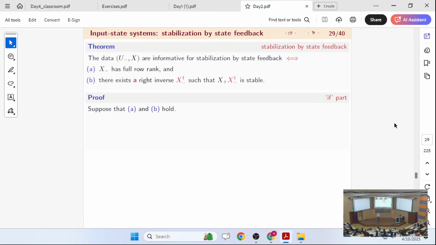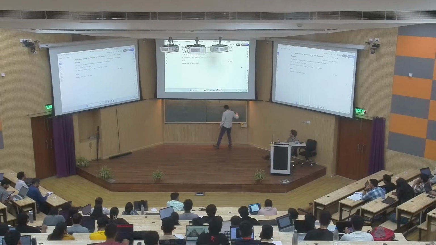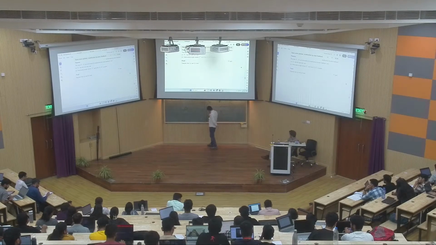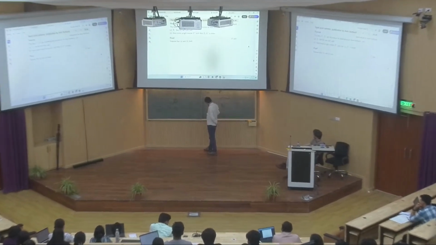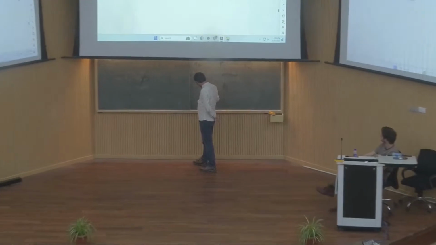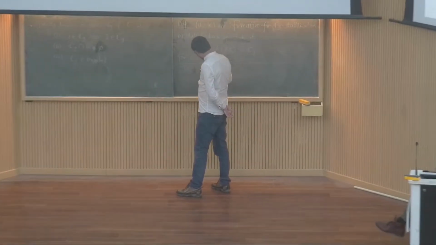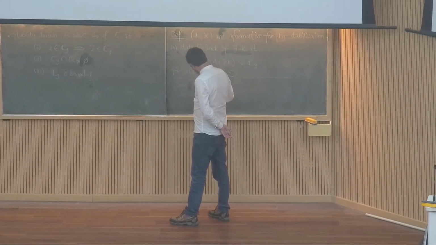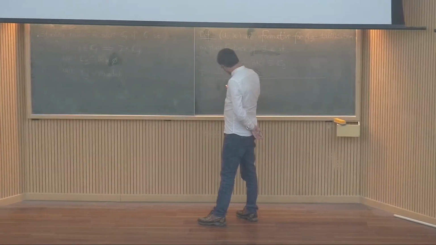I don't want to write it down because everything is the same apart from the fact that in B there's a slight modification. So I'm going to write the same theorem, and the only change is stabilization.